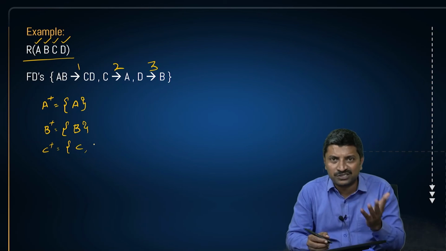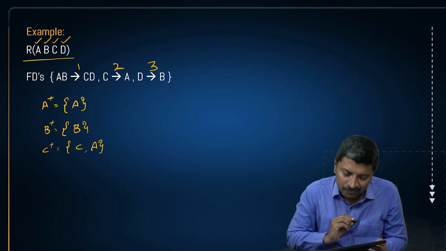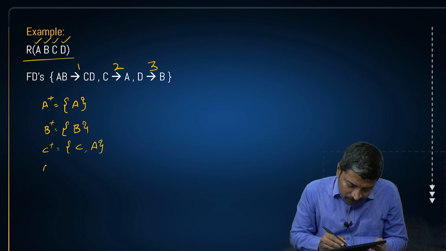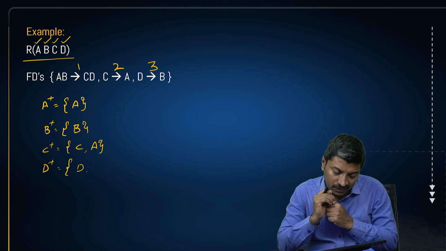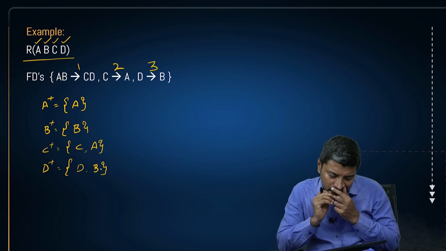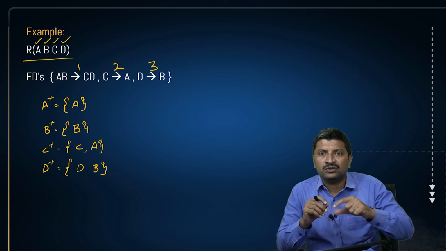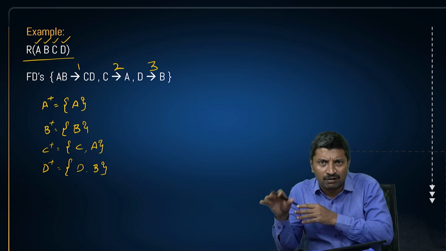C always gives C, and we have one functional dependency, C gives A. And what is the closure of D? It trivially contains D. Then anything else? Yes, by the third functional dependency I can find B. Anything else? No, sir. So the closure of single attributes does not contain all the attributes.